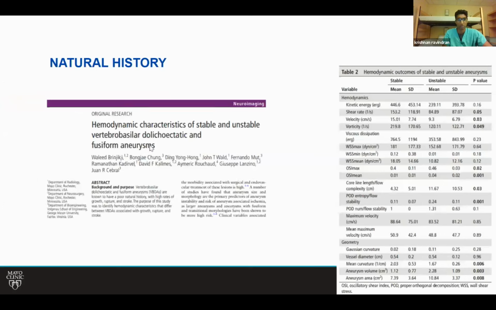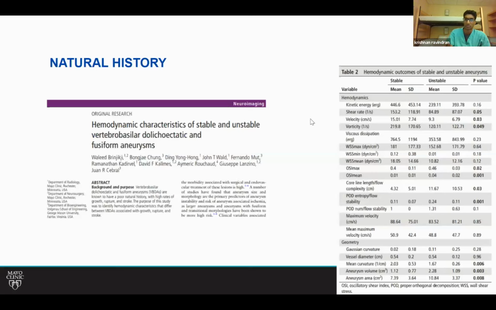This was an interesting paper from Dr. Brzezinski from 2017, and this kind of provided some of the paving way for some of the work I was doing with the computational fluid dynamics on vertebrobasilar dolichoectasia when I was at Rochester. Essentially, they had a cohort of patients, I think in this paper they used 10 patients, where they were able to generate flow-related models and use these models to ascertain the specific vessel wall physiologic and engineering variables that have previously been described in saccular aneurysms.